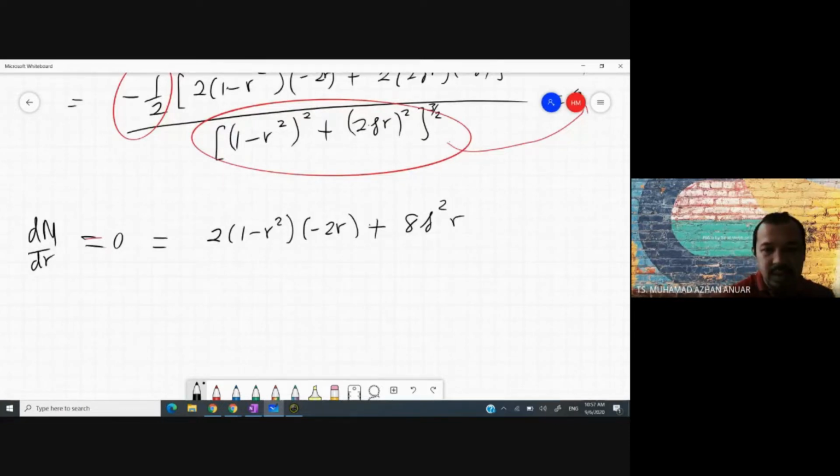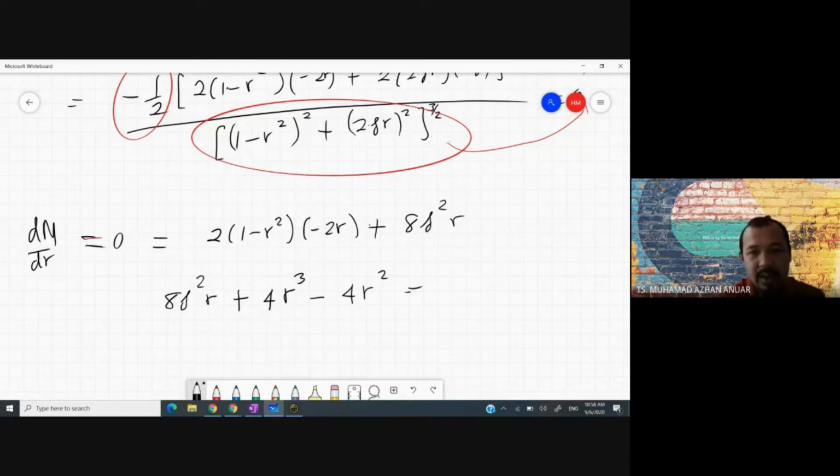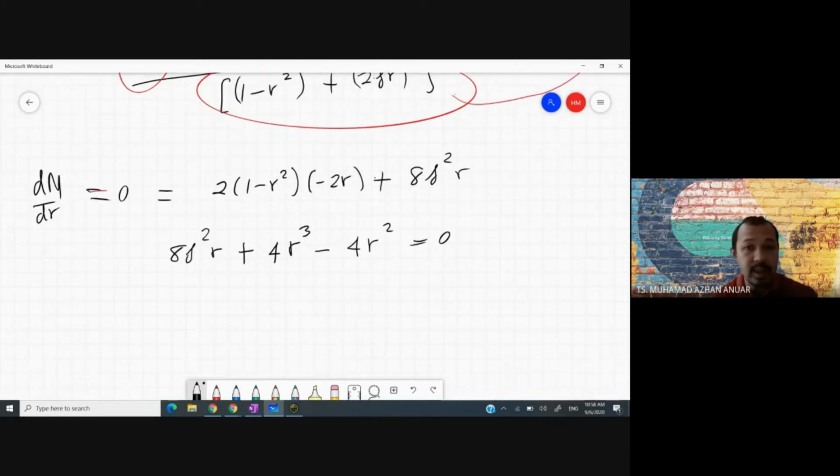And if we solve this one further, we know that 8 zeta square r, multiplied by this 2 multiplied by 2, you get 4r, so this 2 multiplied by r square, so you get r to the power of 3, that is positive, so plus 4r to the power of 3, and then minus 4r, sorry, that is 4r, and then 2 multiplied by 2, so you get plus 4r squared.